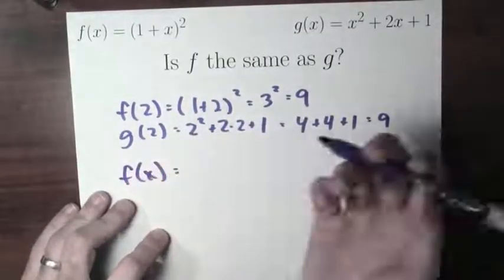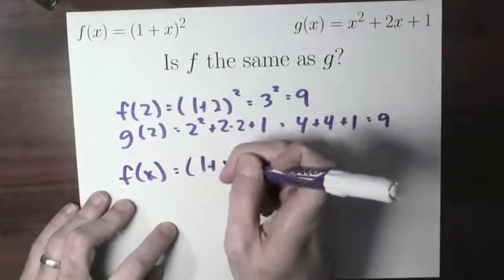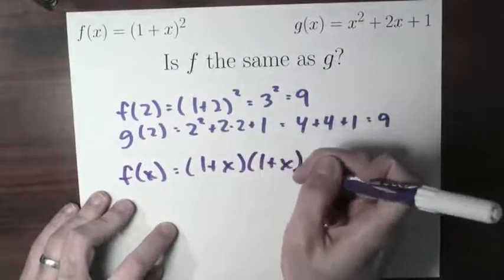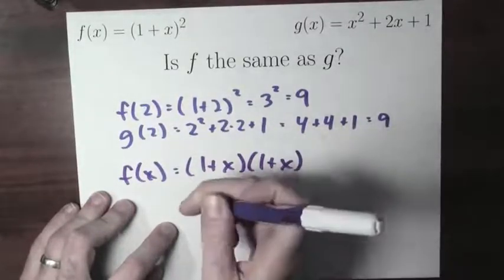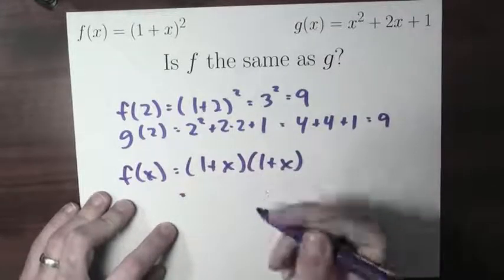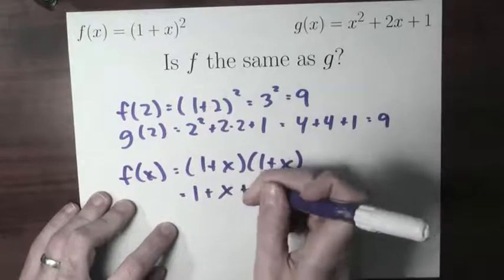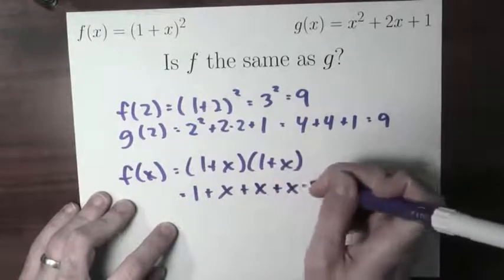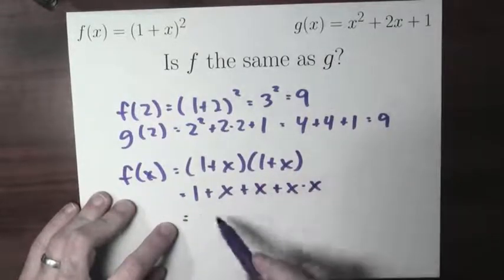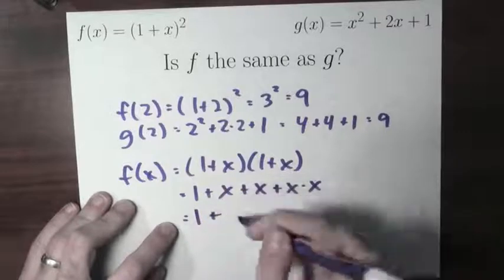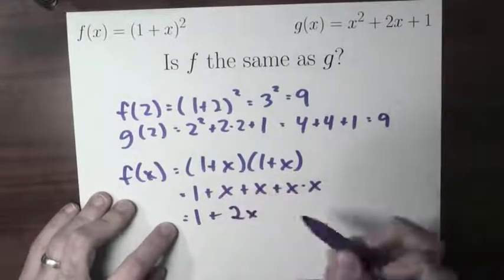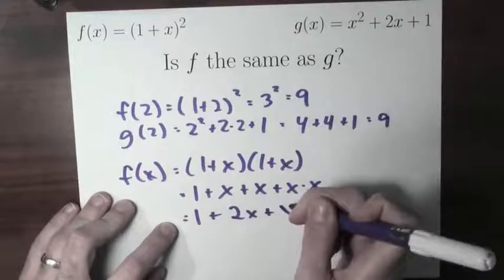And yet, look at this. f of x, for any value of x, right, is (1 plus x) times (1 plus x). Right? That's (1 plus x) squared. Well, I could expand this out, right? 1 times (1 plus x), and then x times (1 plus x). And I could combine some of these terms, right? x plus x is 2x. x times x is x squared.